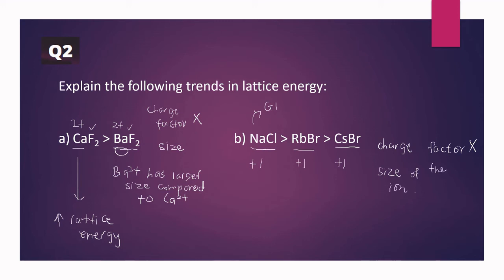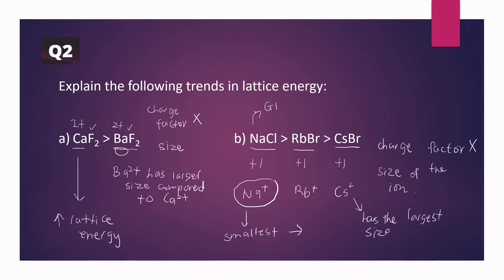Now in this case, sodium plus, rubidium plus and cesium plus. In terms of the size, sodium plus is the smallest, followed by rubidium, and cesium has the largest size.